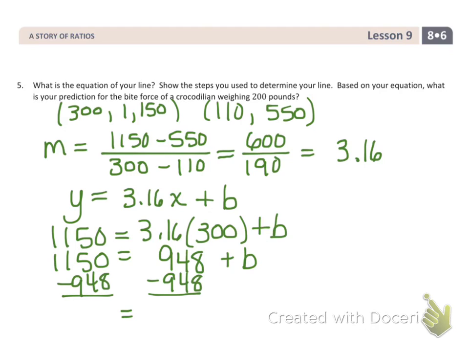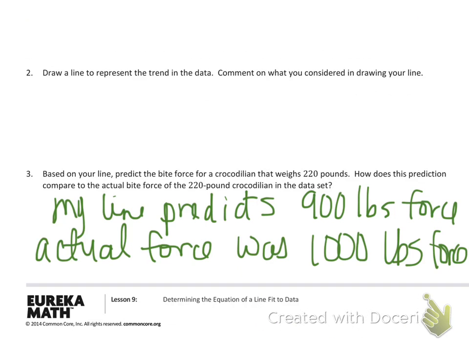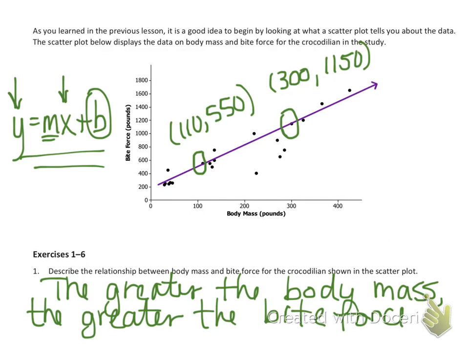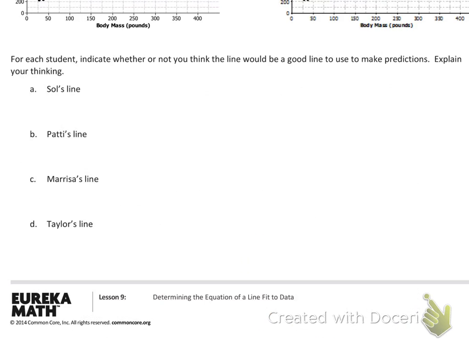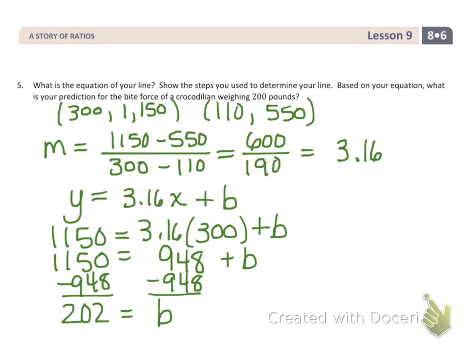I'm going to have that b is equal to 202. Where is that on my graph? I said that it looked like the y-intercept was going to be a little less than 200, but by the points that I used here, it comes out just right at 200, a little bit more. So that kind of goes along with my graph, so I know I probably didn't make a mistake there.